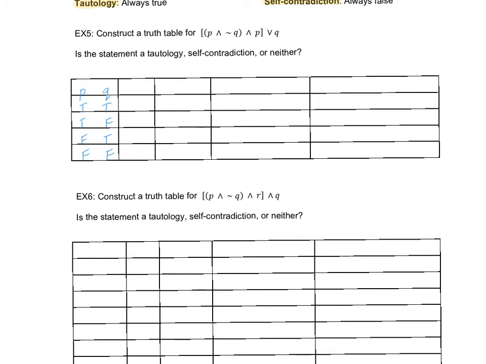And in fact, where I start is the innermost parentheses, P and not Q. P is already listed. Not Q, I don't have that. So I need to figure out what not Q is first before I could figure out P and not Q. So if Q is true, false, true, false, not Q is false, true, false, true.